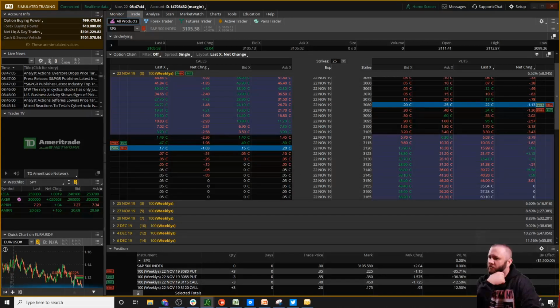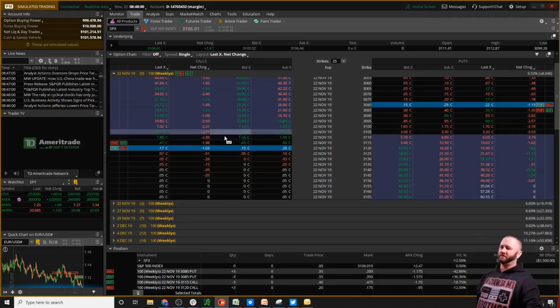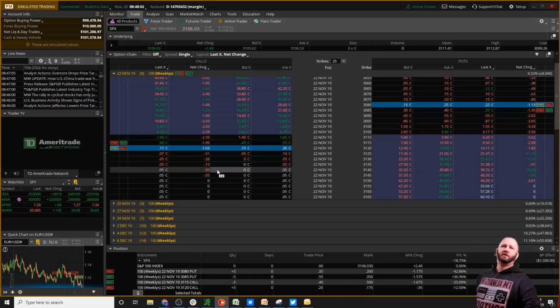I got to get over to 31.25. Let me see. 31.05s are safe, and then 31.25 is open. What's our other strike? 30.85. I see. No, I can't put it on because it's going to mess up the Iron Condor. It'll end up closing the short strike because I got to put the long strike on.